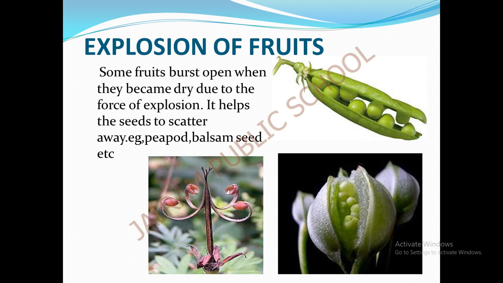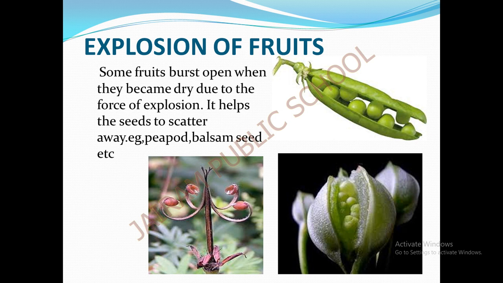Explosion of fruits is nothing but it won't involve any animals or birds or water. It will just explode by its own energy. Some fruits burst open when they become dry due to the force of explosion. Okay, so what is happening? The fruits become ripe and after some days they become dry.